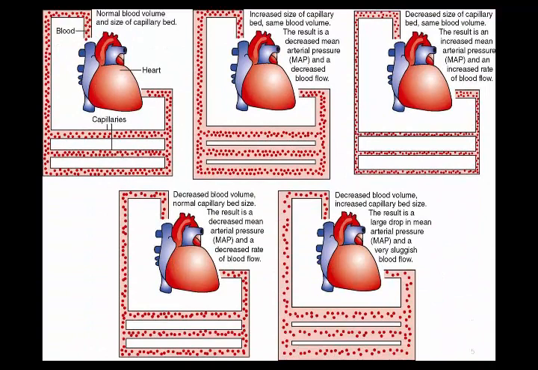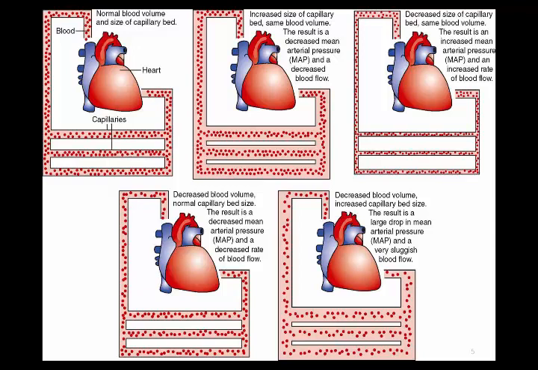Now this picture just gives you an idea of what I was just talking about in a diagram format. You can see the very first picture shows a normal blood volume and normal capillary size, and we have a normal mean arterial pressure in that scenario. The next one shows what happens if we increase the capillary bed.